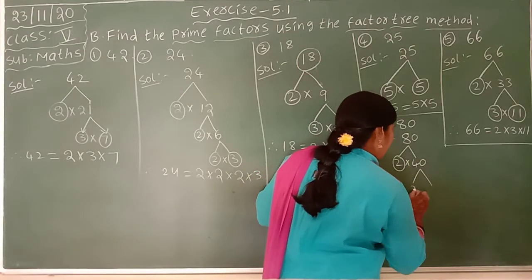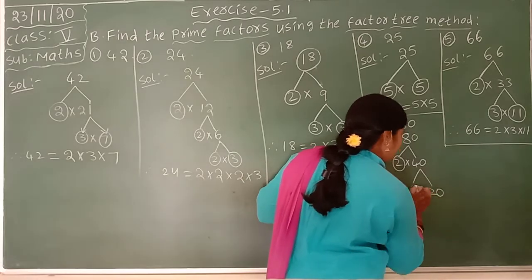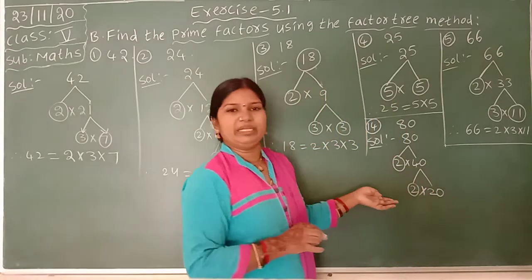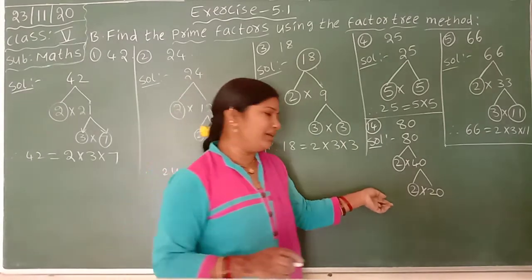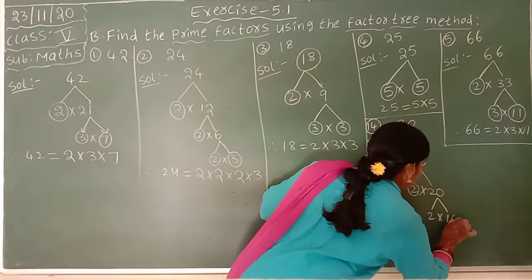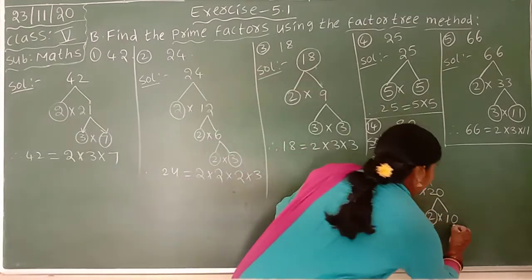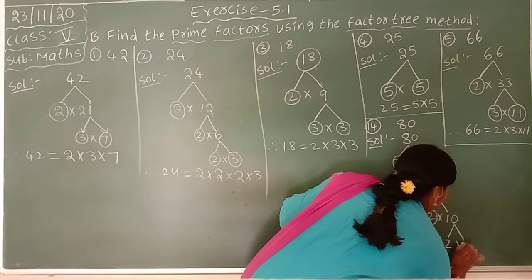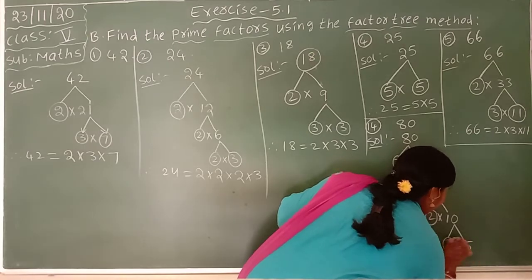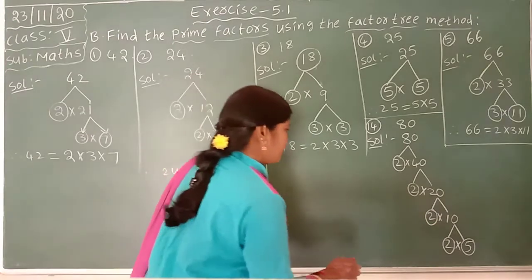Remember that. Again 2 into 2, 2 twos are 40. Again circle the 2, because it is also a prime number. And again 2 into 10, 2 tens are 20. Circle the 2. Next again 2 into 5. Circle 2 and 5. Why? Because these two are prime numbers.